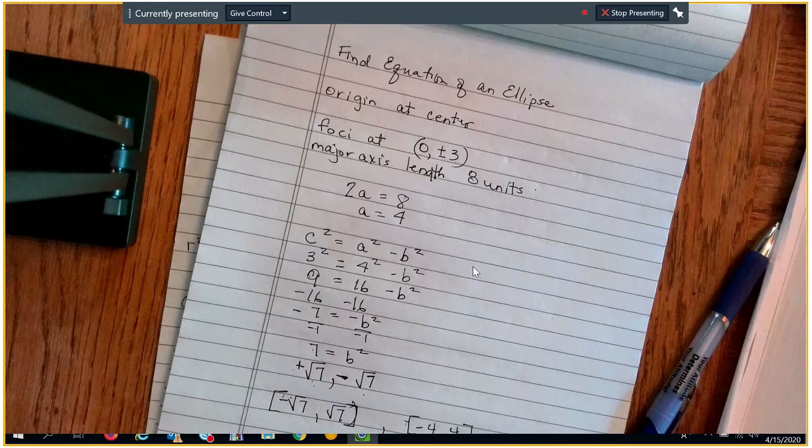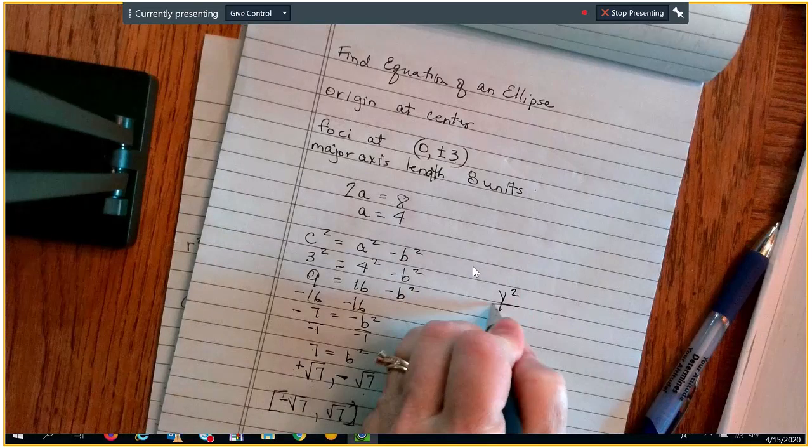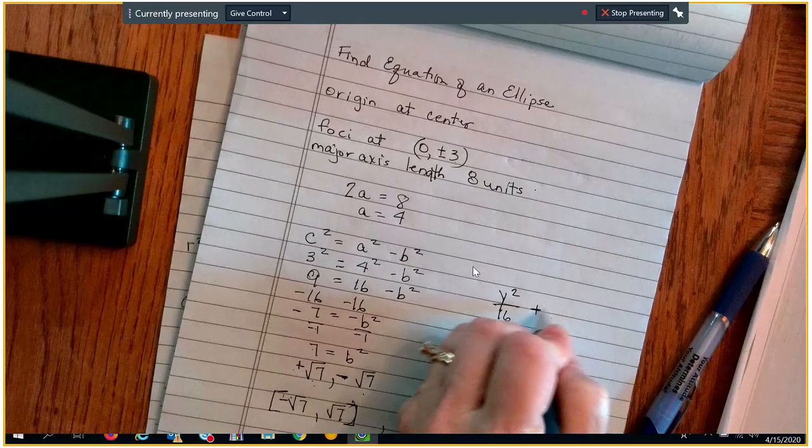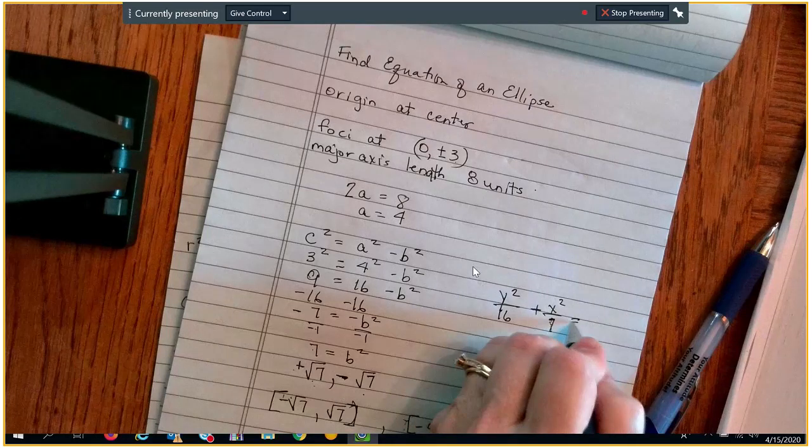Or sorry, the square root of 7 squared, which is 7, and 4 squared. So 16 is going to be on the y-axis, and so this is the final equation: y squared over 16 plus x squared over 7 is going to equal 1.